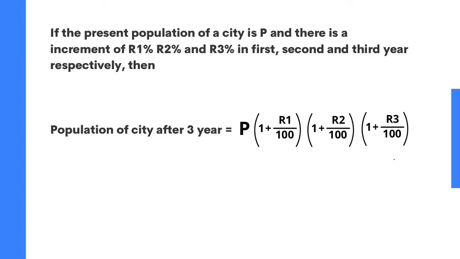Till now we are discussing problems where the rate was same for every year. Then what if the rate is not same for every year? Then what will you do? Let's see one example.